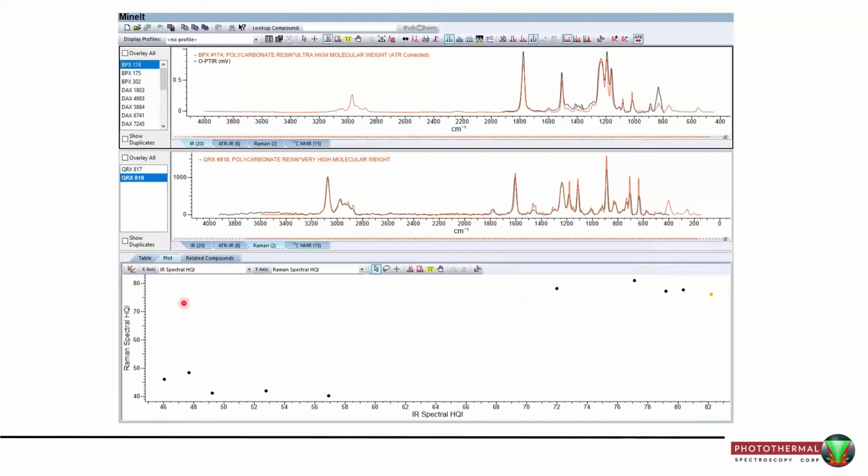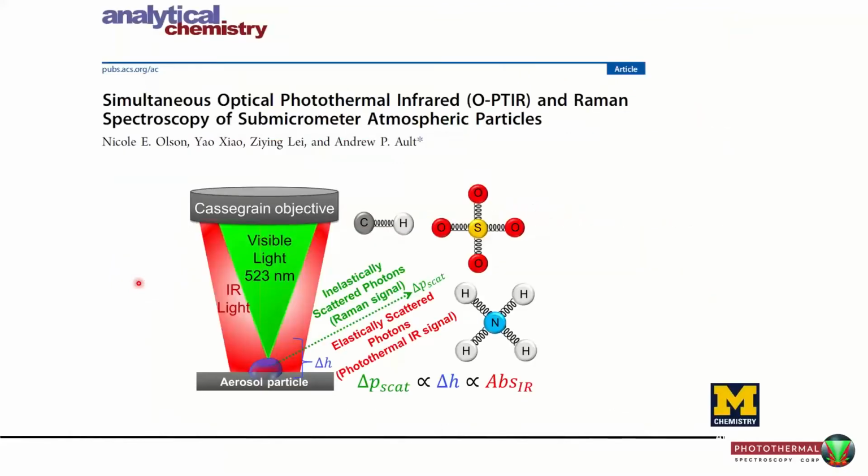And with Know-It-All, now handled through Wiley, you can actually plot a 2-dimensional scatter plot of the hit quality index. The upper right-hand quadrant is one where you have a high infrared hit quality index and also a high Raman hit quality index. That comes back to the confirmatory aspect of IR and Raman measurements.